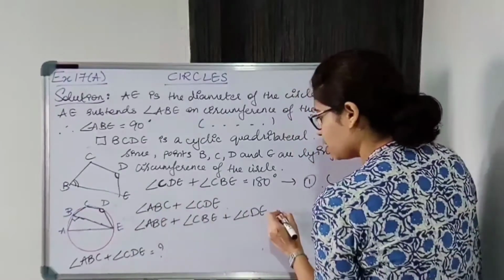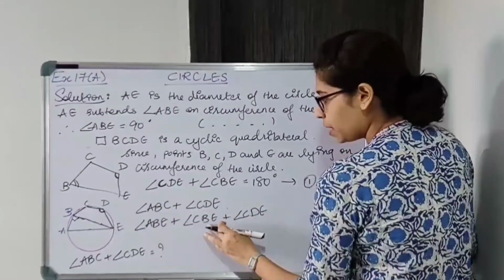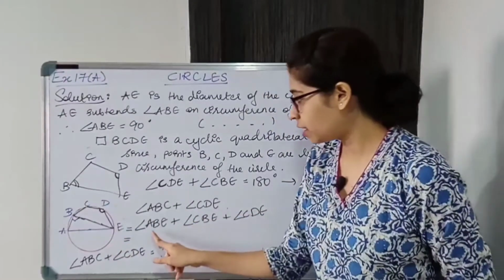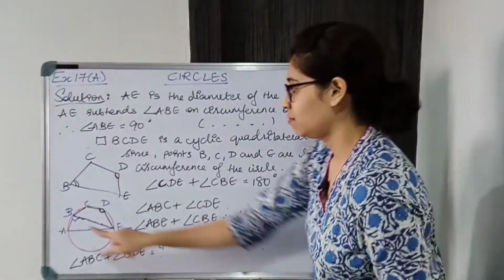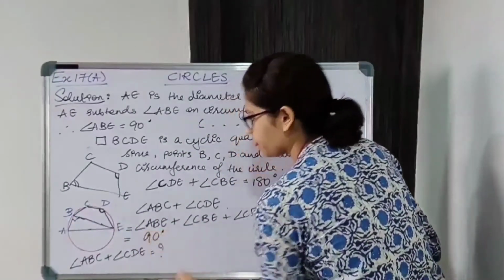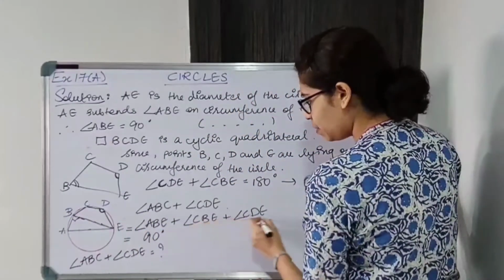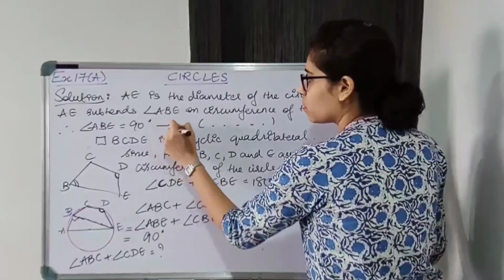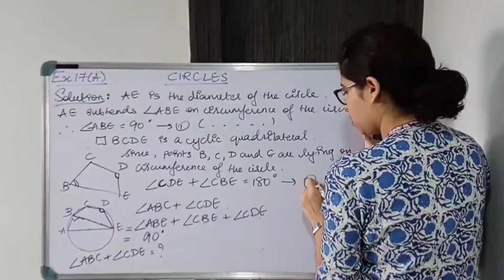All right. Now ABE plus CBE plus CDE हो जाता है. ABE I know is 90 degrees. Okay, and CBE plus CDE is equal to 180 degrees. Mark this as 1 actually, and mark this as 2.